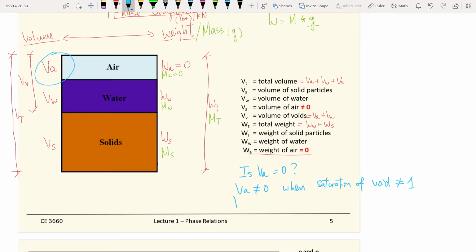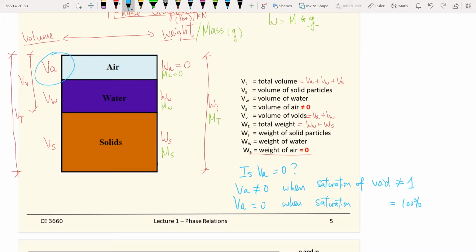Imagine that the volume of air will be equal to 0 when your soil specimen, which can be represented by this phase diagram, has a saturation of void equal to 100%, which means all the void is now occupied by water, and there's no air.